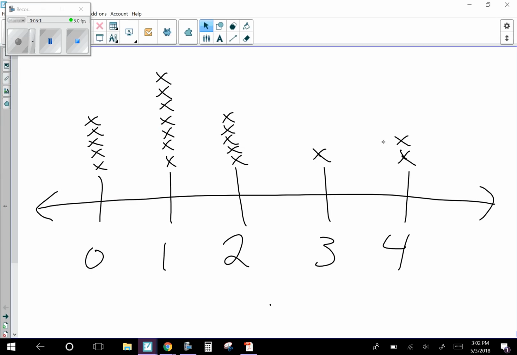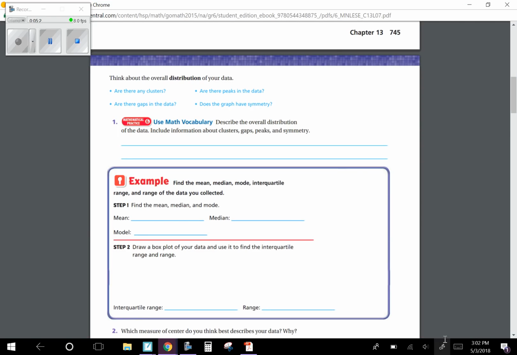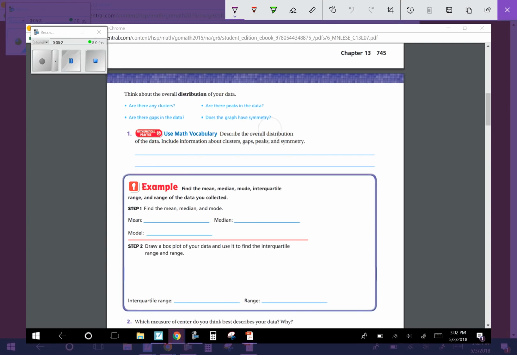There are no gaps, so there are clusters from 0 to 4. Are there any gaps? No, there's no numbers on that line that have a space. There's no frequency above.